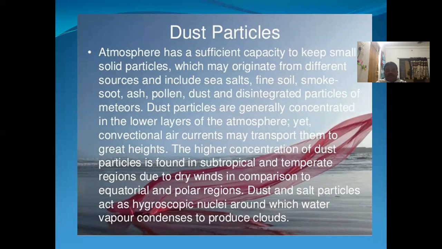Dust particles are generally concentrated in the lower layer of the atmosphere, yet convectional air currents may transport them to great heights. A higher concentration of dust particles is found in subtropical and temperate regions due to dry winds, in comparison to the equatorial and polar regions where it is moist. Dust and salt particles act as hygroscopic nuclei around which water vapor condenses to produce clouds.